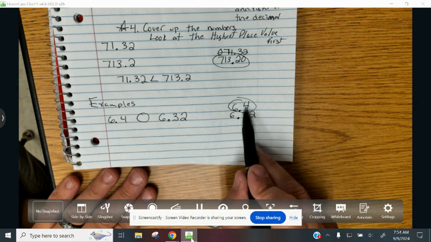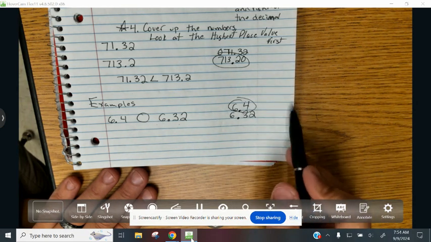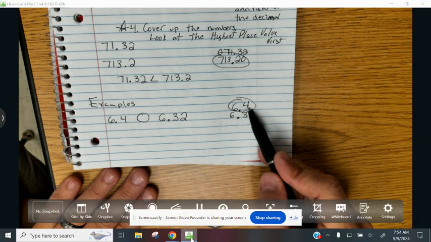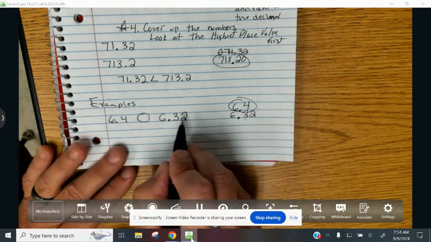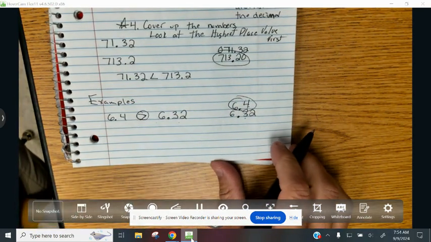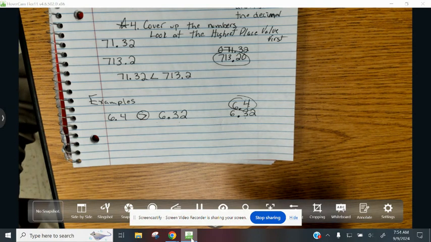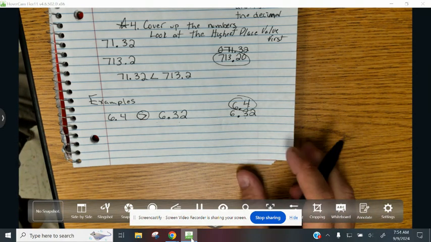Because remember, the tenths are 10 times greater than the hundredths, and so on. So this 4 is bigger than this 3. That means no matter what, however many digits this guy has, this guy is the greater number. And that's why lining up, that's how comparing decimal numbers can be different. Okay? So be careful with that.